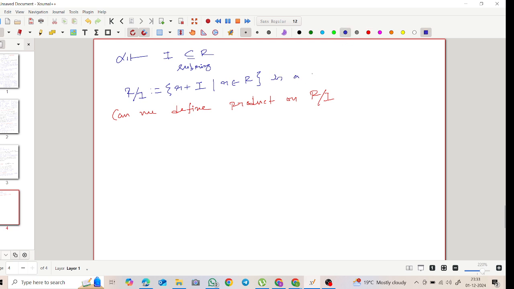It is a group, right? As I is a subring, hence a subgroup.